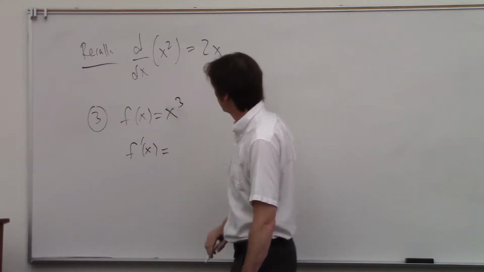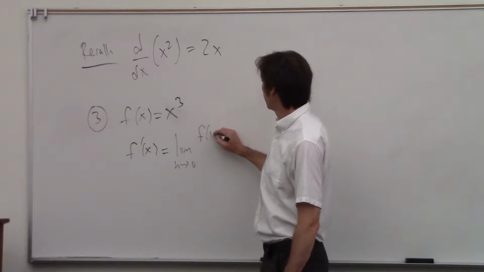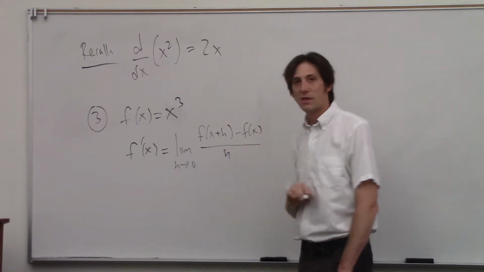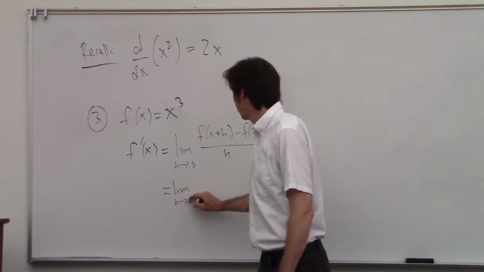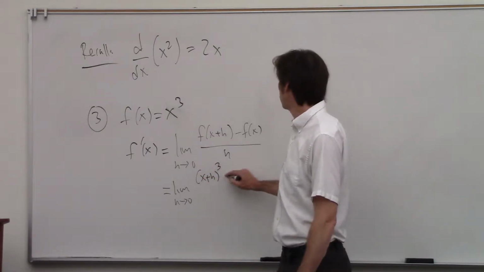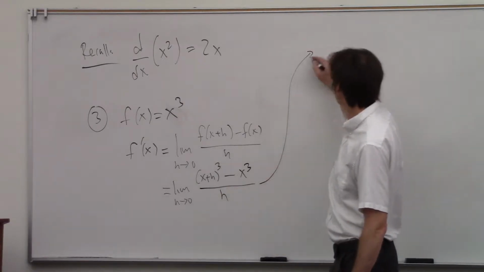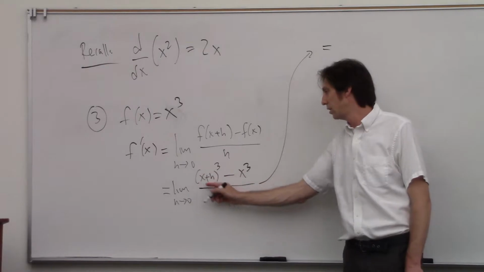F prime of x is, from the definition, the limit as h goes to 0 of f of x plus h minus f of x over h. And then we plug in the values in the numerator. So that's the limit as h goes to 0 of the quantity x plus h cubed minus x cubed, all over h. I need to cube out this first term here.